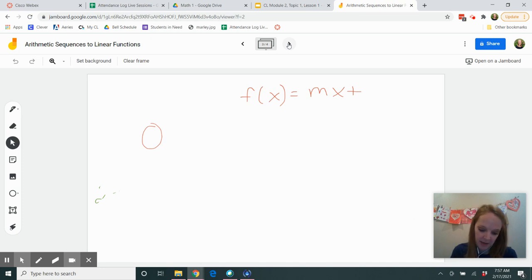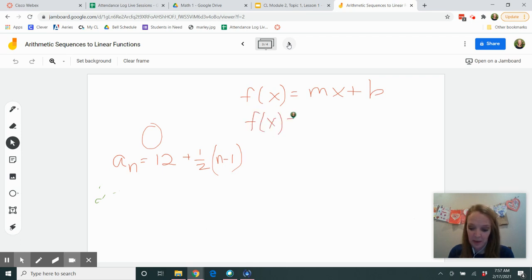Okay, my equation went away, so let me rewrite it real quick. I don't remember if it was plus 1/2 or minus 1/2, so I'm going to go with plus 1/2. All right, so my common difference is 1/2. I know that that's the same thing as slope, so I'm going to come over here and plug it in for slope. But now I need to figure out b.